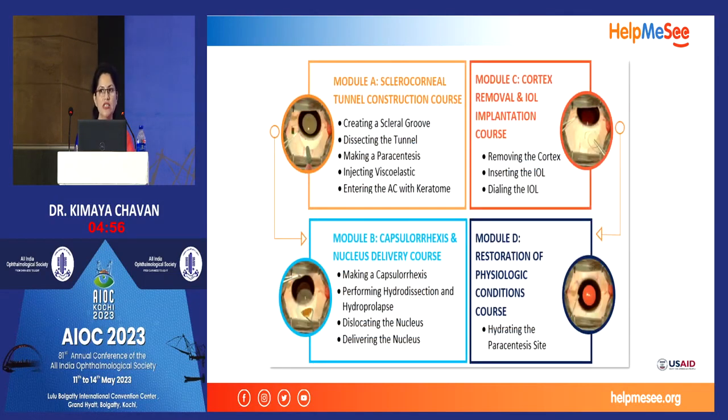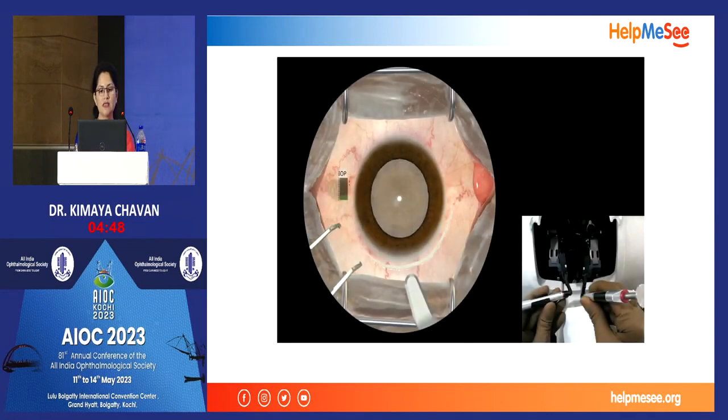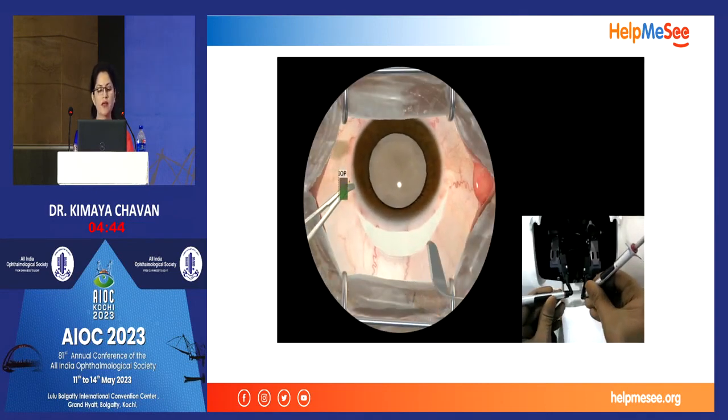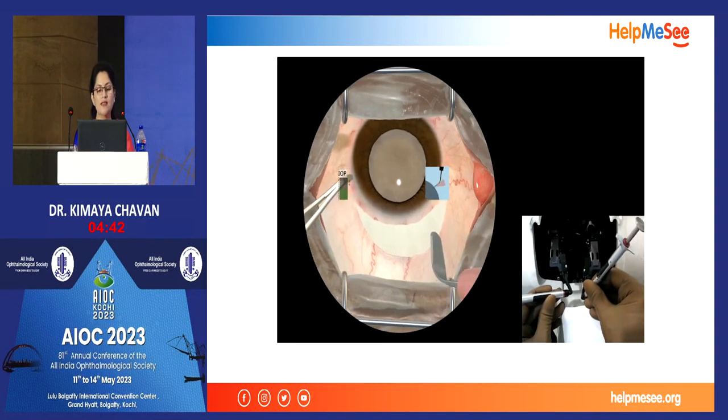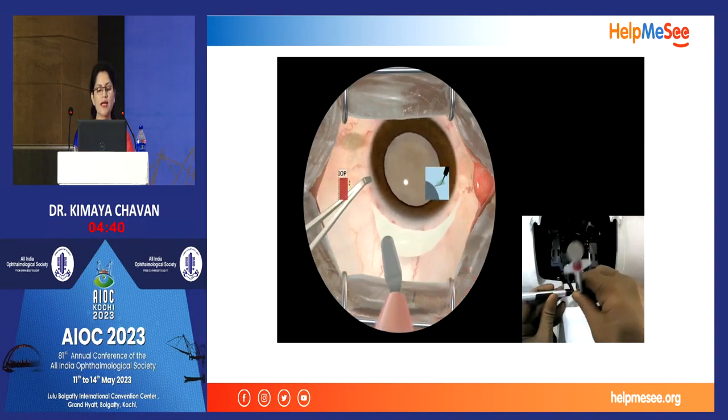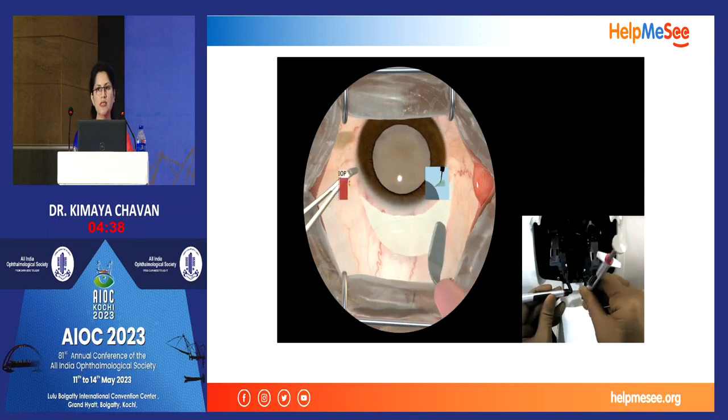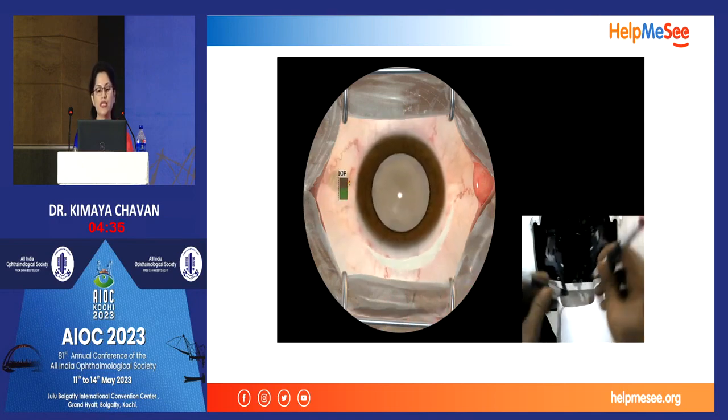This is how we teach at the HelpMeSee Pune Center, where we teach the surgery in 4 different modules. Everything is covered. Now I'll go on to the surgical videos. On the right-hand side, you can see the surgeon performing. You can even start teaching the students how to hold the instruments.